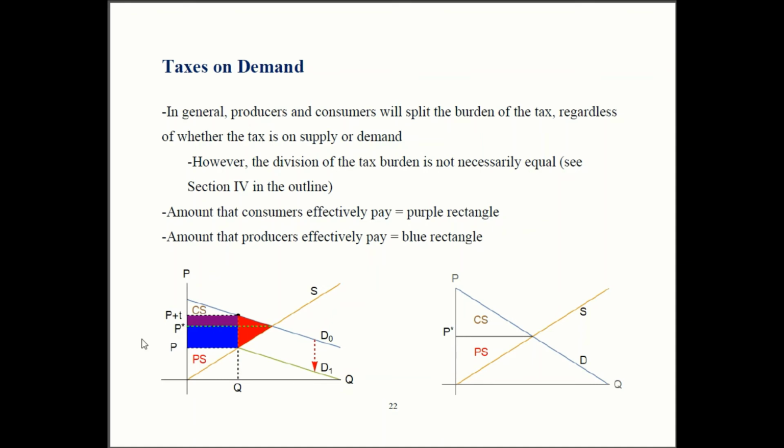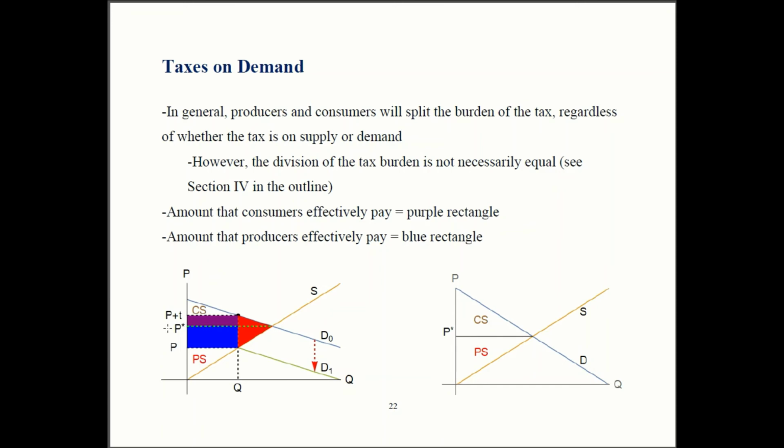We can determine the real burden of the tax by comparing the prices paid and prices received to what the market price would have been. So the market price is P star. That's where supply meets demand in a market where we have no taxes. So you can put that price on our graph over here. So originally consumers are paying a price P star.